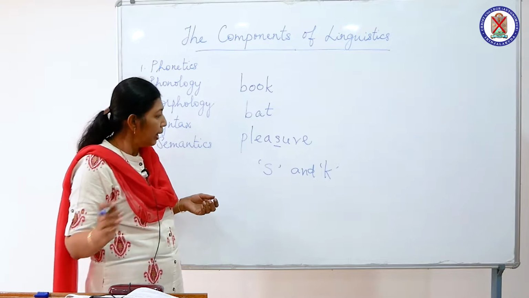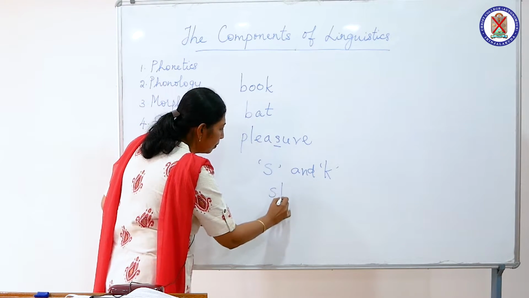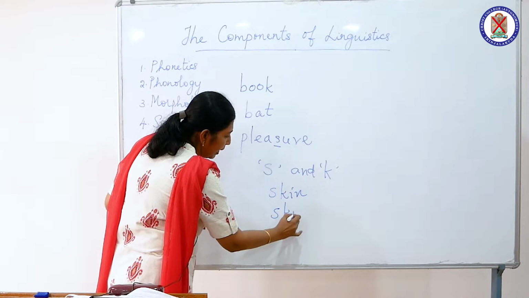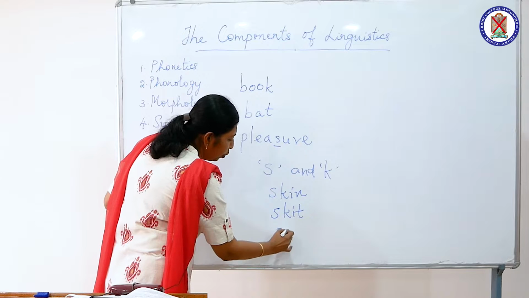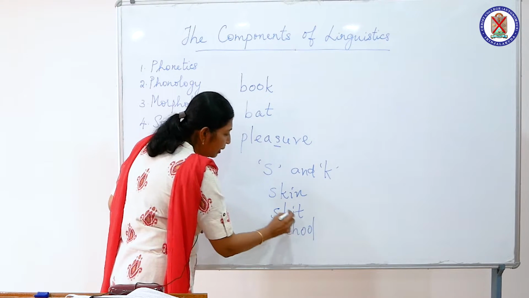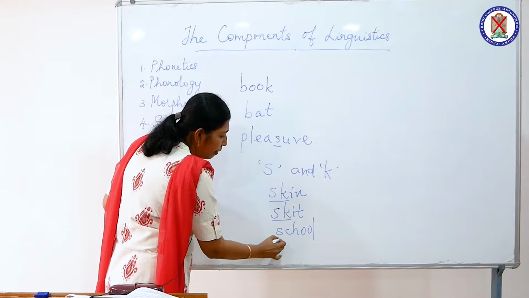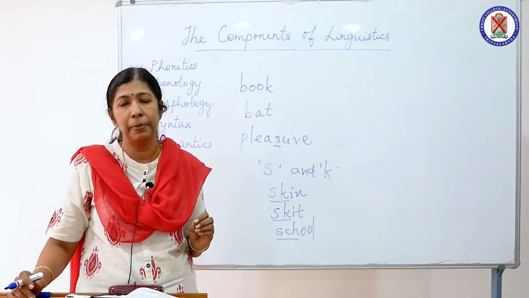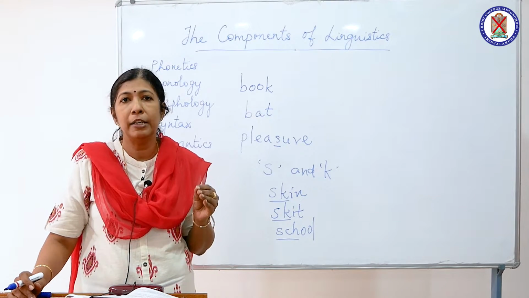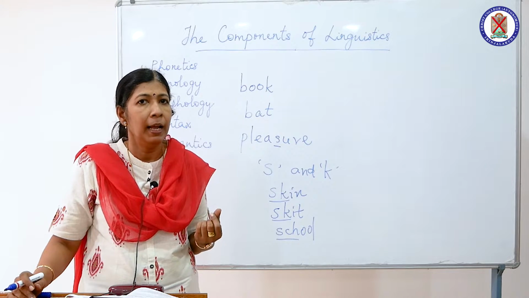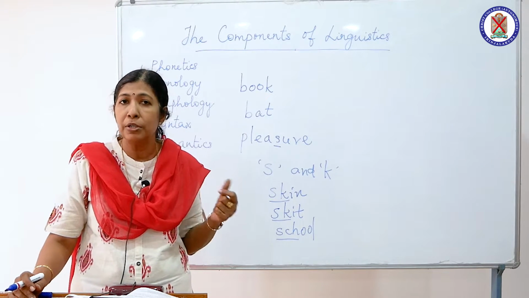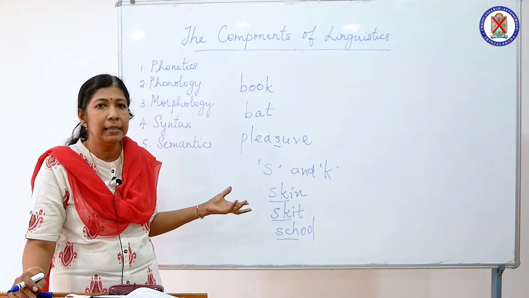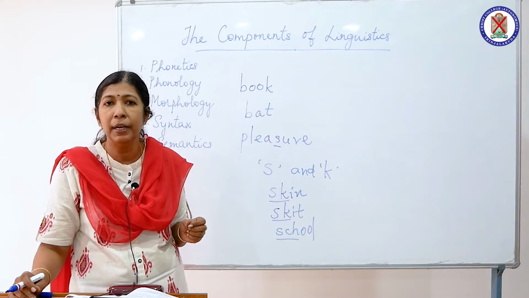For example, in words like skin, skit, school, in all these words, we have these two sounds coming in the initial position, but they come together, there is no intervening vowel. But in Hindi, which also has both these sounds, sa and ka, we wouldn't find such a combination at the beginning of a word.